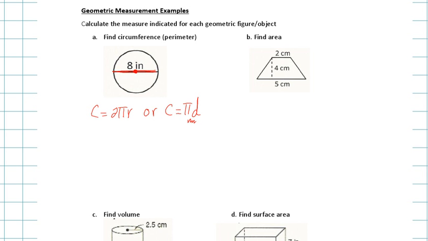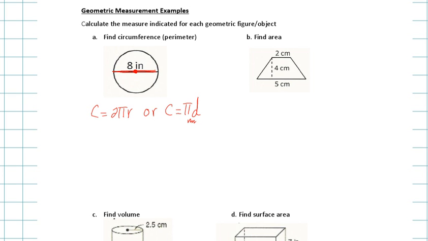Remember, a circle has a center, right? An origin. And when you draw your circle, you draw it around that origin. So if you want to know what the diameter is, you have to draw a line that goes from one side to the other side of the circle, passing through the center. This is not a diameter. The diameter has to pass through the center.